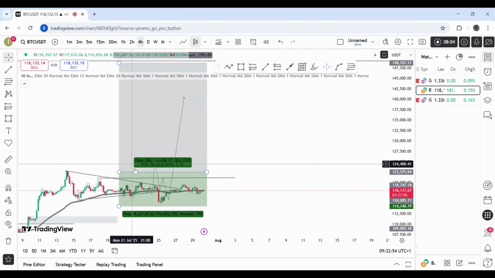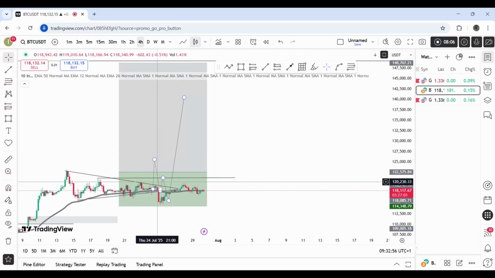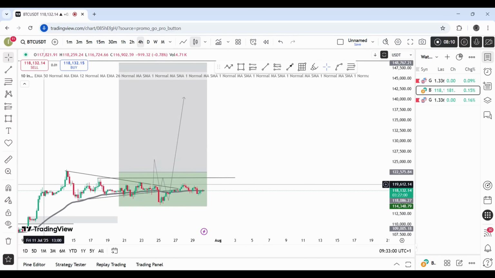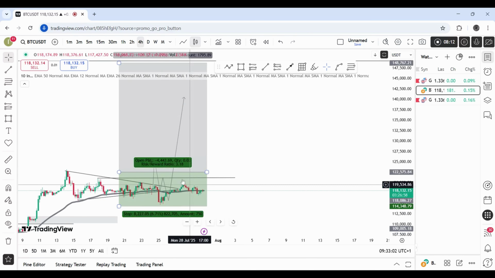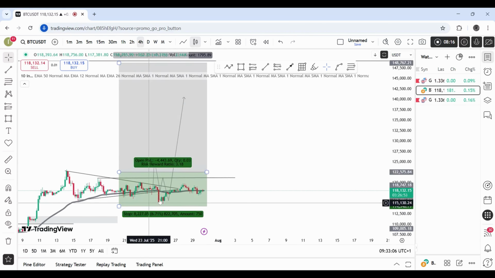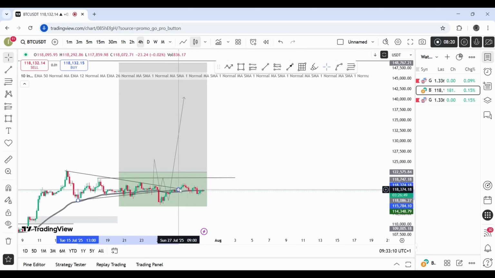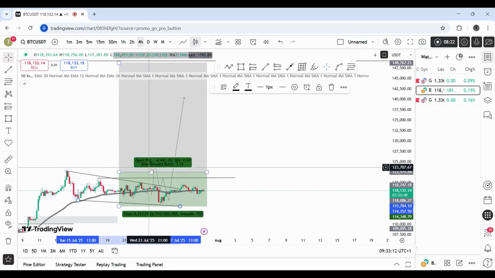But as you can see, and I also said in our last video, there might be a manipulation. The price might come down to keep this zone like this. We're still waiting for price to take out this high to move in the overall direction. But now what shape can we see here?